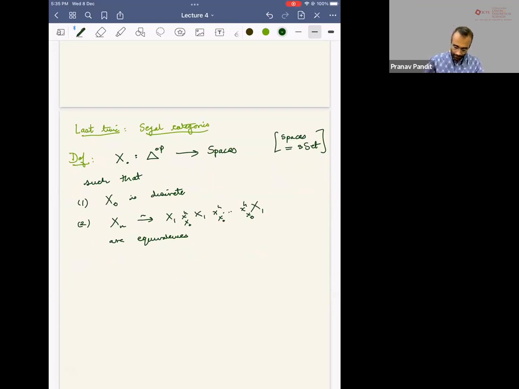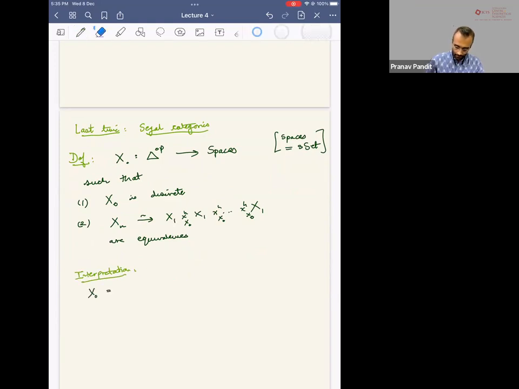And the interpretation of the structure is that X0 is thought of as a set of objects.